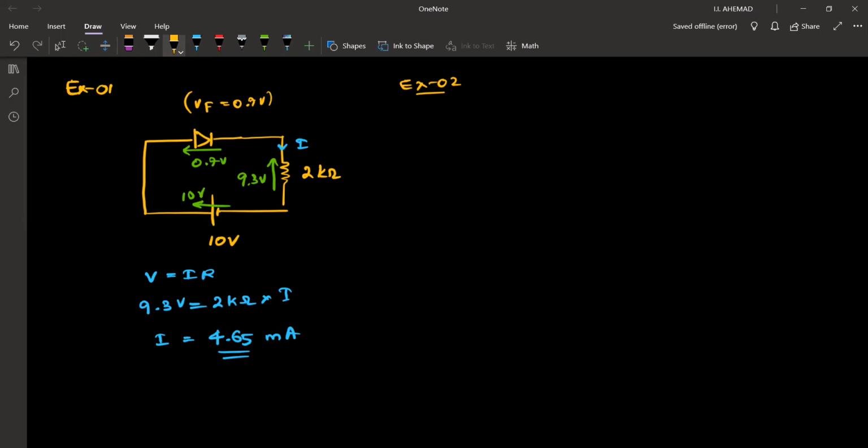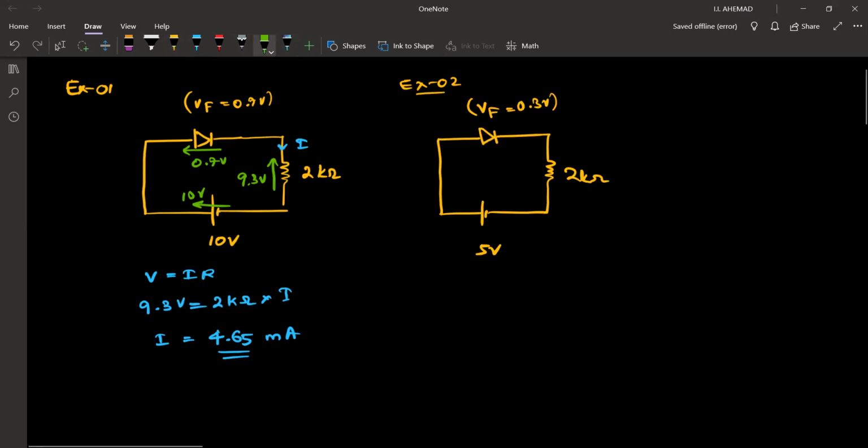Example 2. Let's say this time we have a germanium diode and a 5-volt source. For a germanium diode, the forward bias voltage is 0.3. So here this will create a potential difference of 5 volts, and across the diode there will be a drop of 0.3.